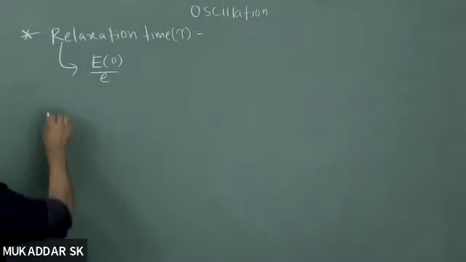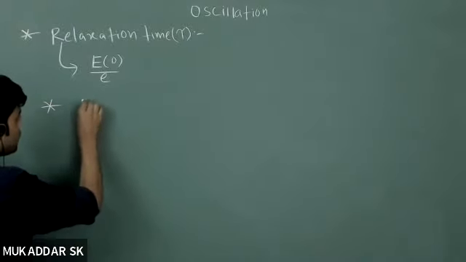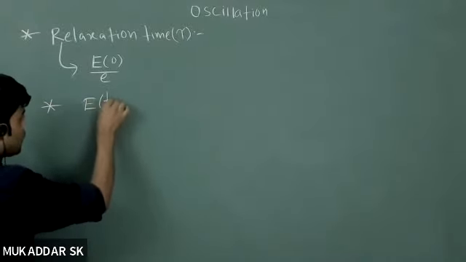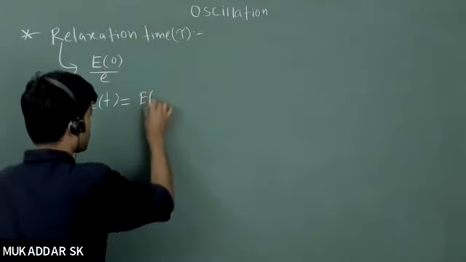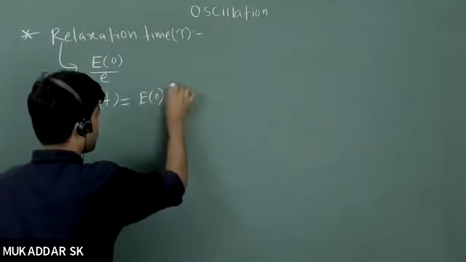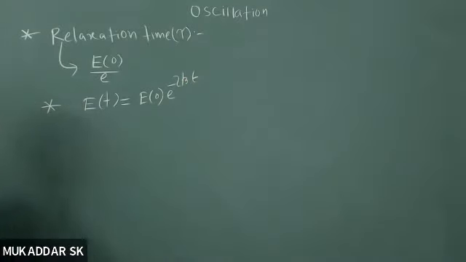You know that the energy stored in a damped oscillator is E(t) equals E naught exponential minus 2 beta t, what we discussed in the last class.